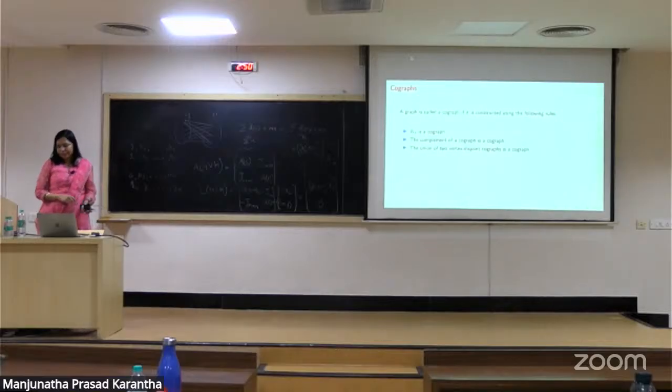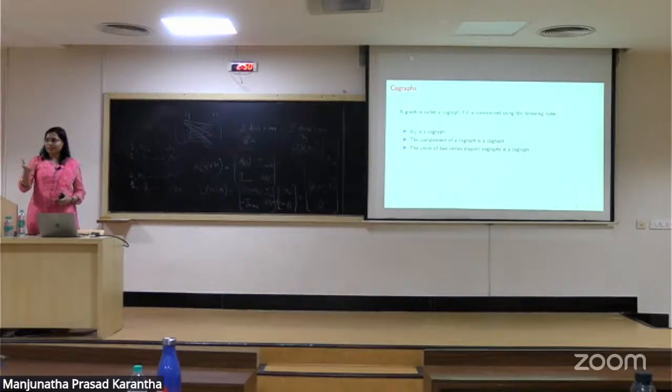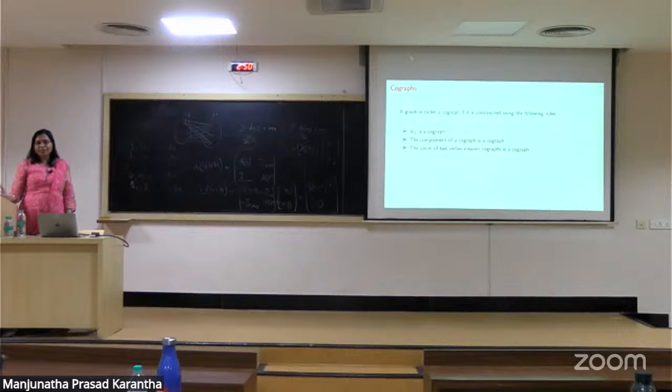Now there is another class that is called the co-graph class. Some of you may have heard about threshold graphs. Threshold graphs are also co-graphs. Okay, so here the construction is in this way. K1 is a co-graph, and the complement of a co-graph is also a co-graph.